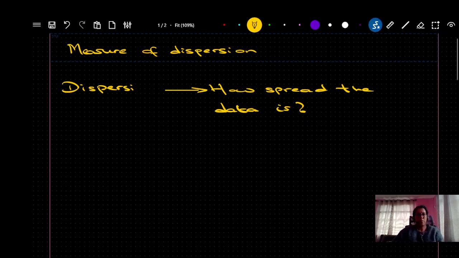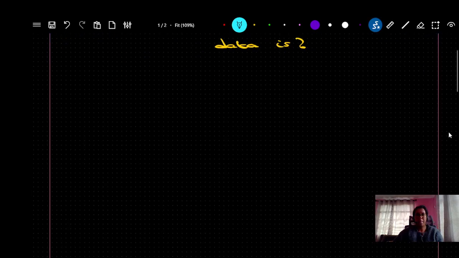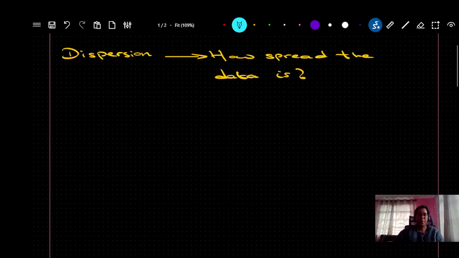In a measure of dispersion, we have variance and standard deviation. We're going to see how these are important. So let us take, for instance, you have a data set. Say data 1.